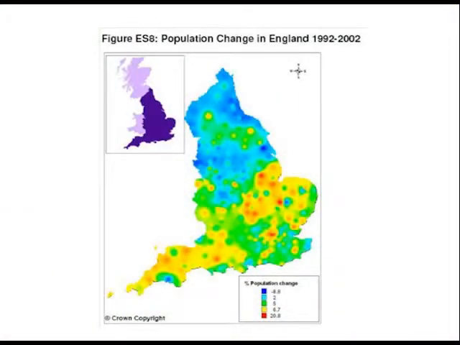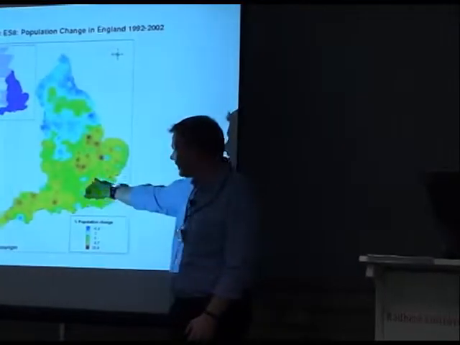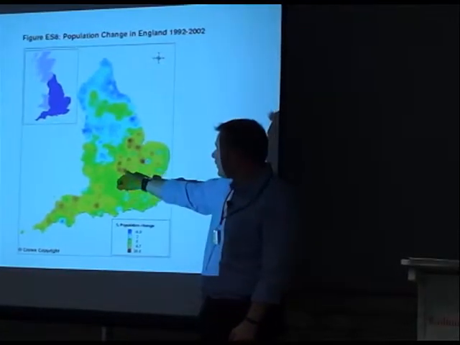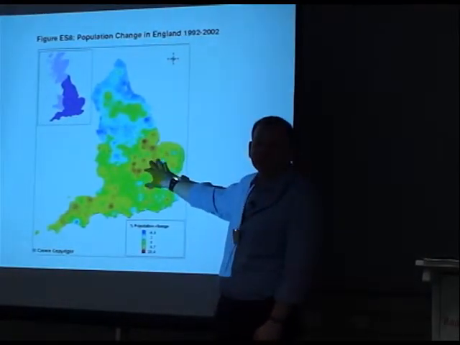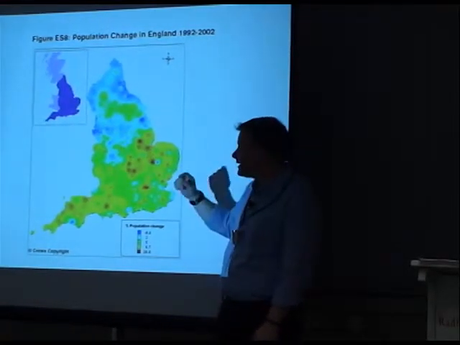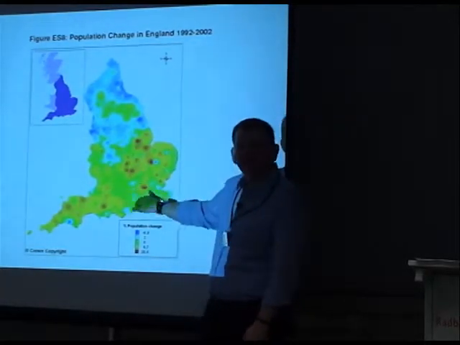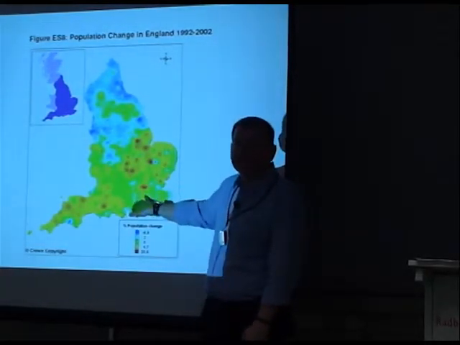Population change. This is for the 1990s, which looks like an outbreak of some nasty disease, but it's England, and there's London there, and the red spots are the areas of the greatest population growth through the 1990s. If you did this over the last 10 years, then what it would show is increasing clusters, not in London, because London is unaffordable.